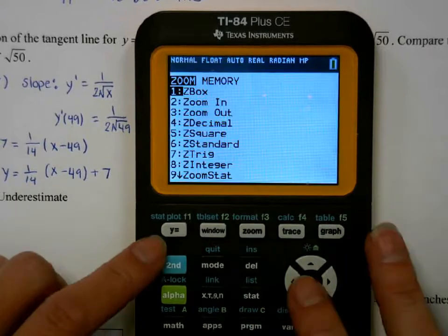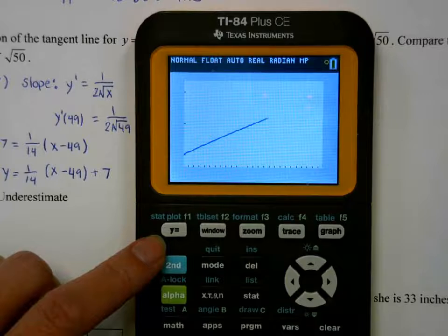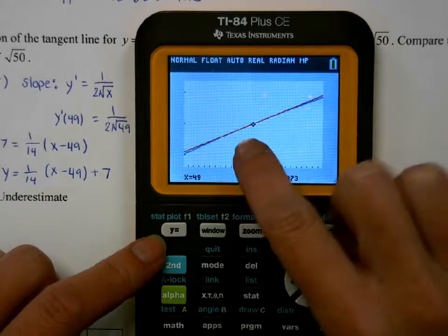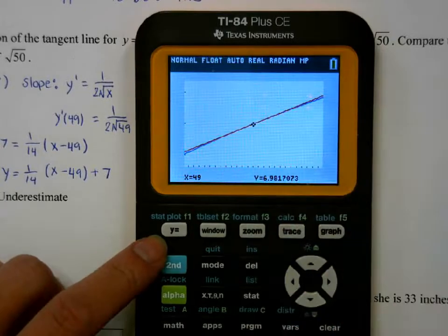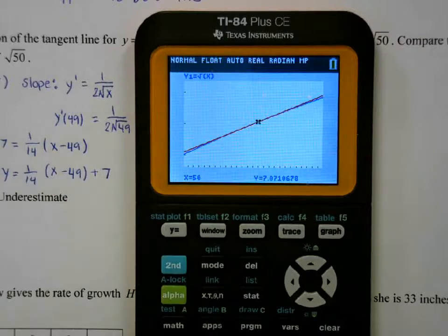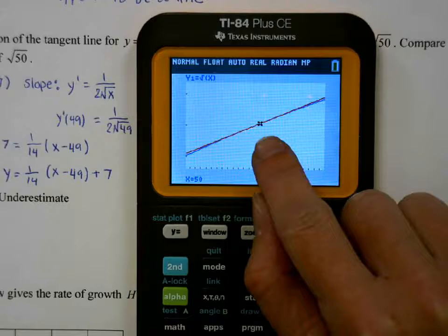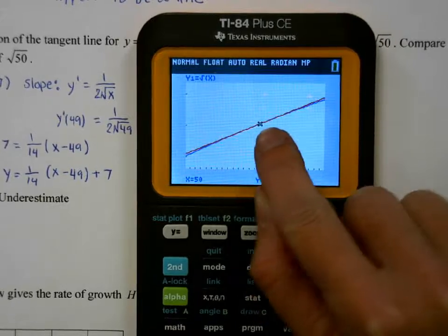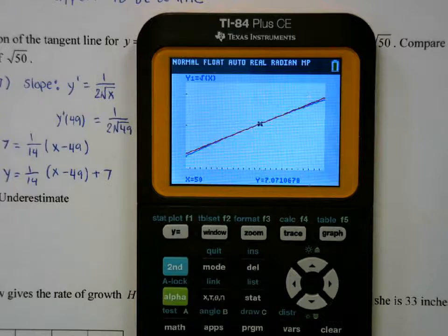If I zoom in on that spot, the tangent line roughly represents the function at that point. So if I trace to 50, it's super duper close to that line. So we're using the fact that really, really close, those values are going to mimic what's happening with the line.